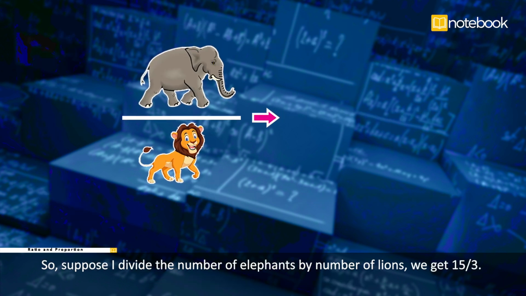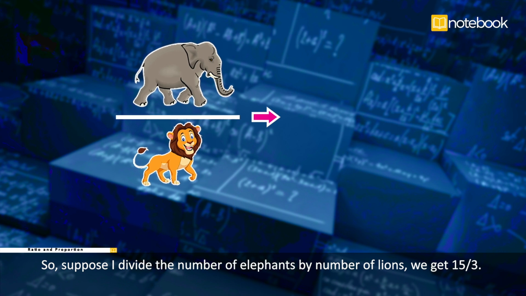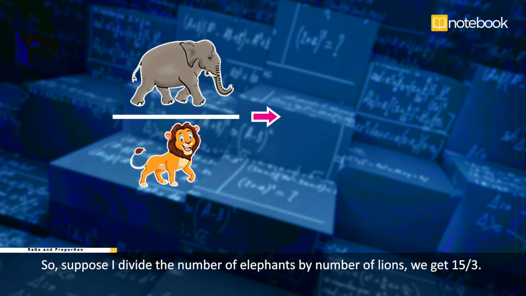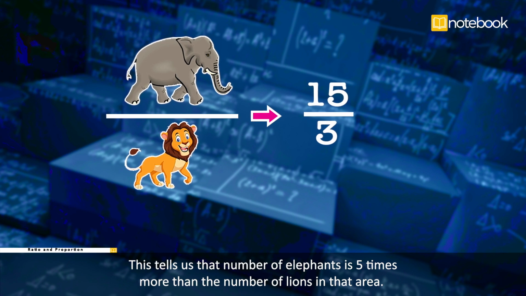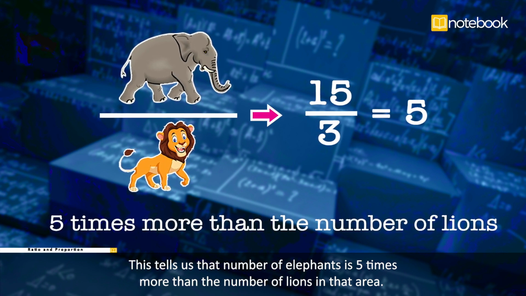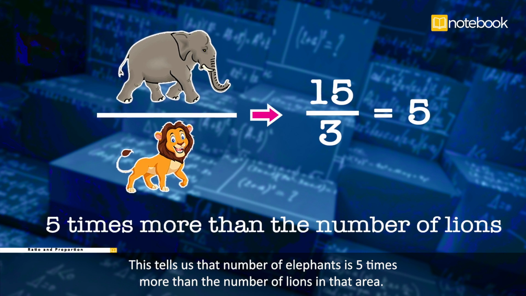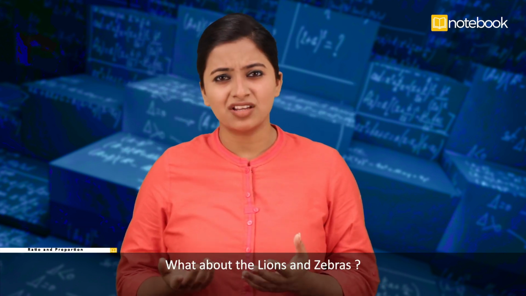So, suppose I divide the number of elephants by number of lions. We get 15 by 3. This tells us that number of elephants is 5 times more than the number of lions in that area. What about the lions and zebras?